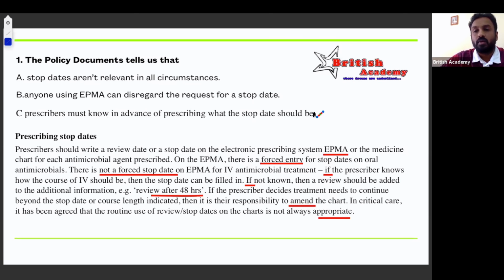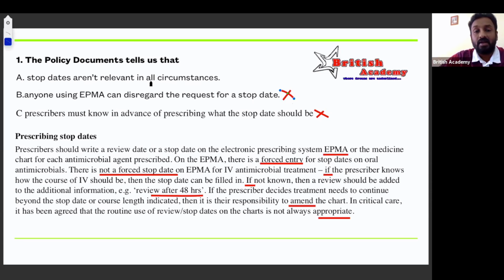You just add a review date. So according to me, this is not a right option. Second one, anyone using EPMA can disregard the request for a stop date. I told you here it's a forced entry for stop dates. Even if a person doesn't know what the stop date is, he can fill in the review, that review after 48 hours. At least some review has to be filled in. So that's why even this option is not correct for me.